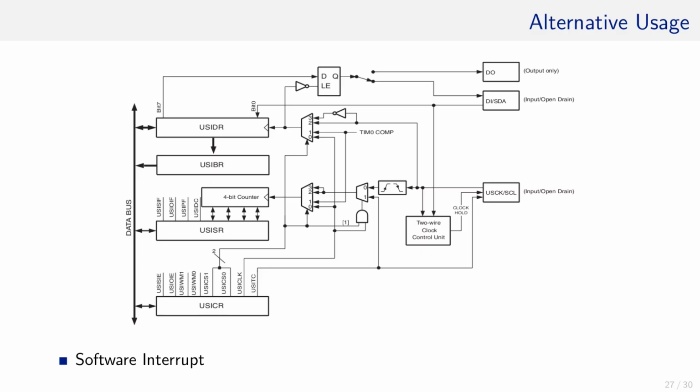Or last but not least, the USI can be used to generate software interrupts. Imagine the counter is again set to its top value, that is 0xF in hexadecimal format. The clock source can be set to accept toggles from USI clock, that is the setting.